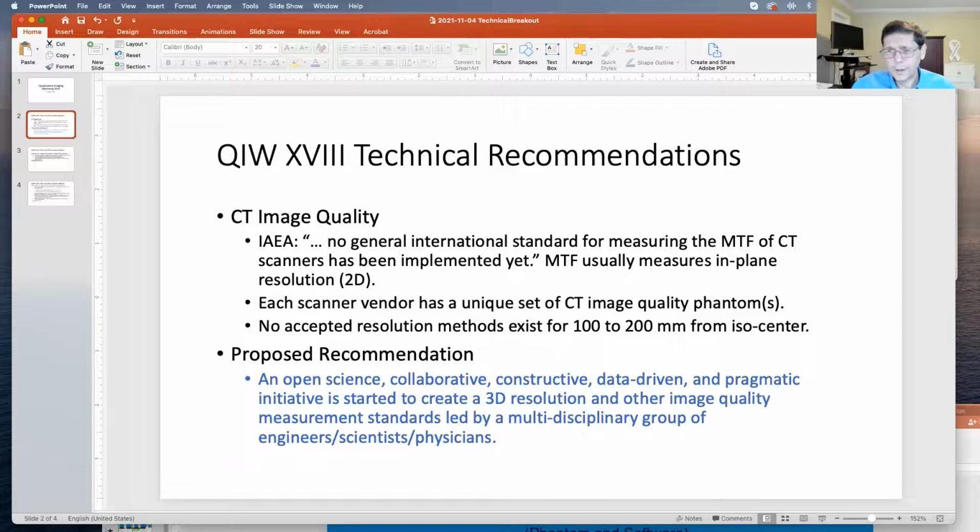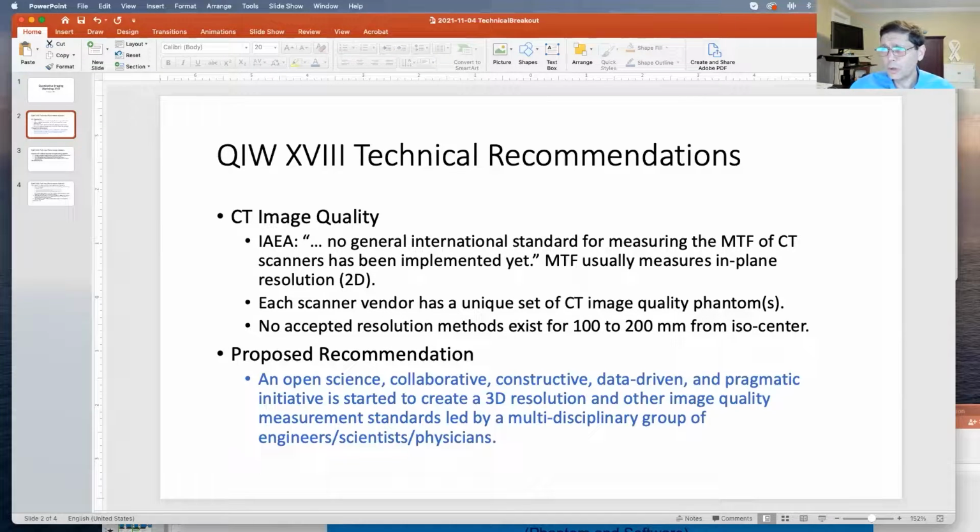Well, the fact that there is no standard means that it can change at any time, including when you lower radiation dose, and we have no recourse. If you believe the resolution was not proper for any study that you do, there's nothing that you get from a vendor or from anybody that says that's what it should have been.